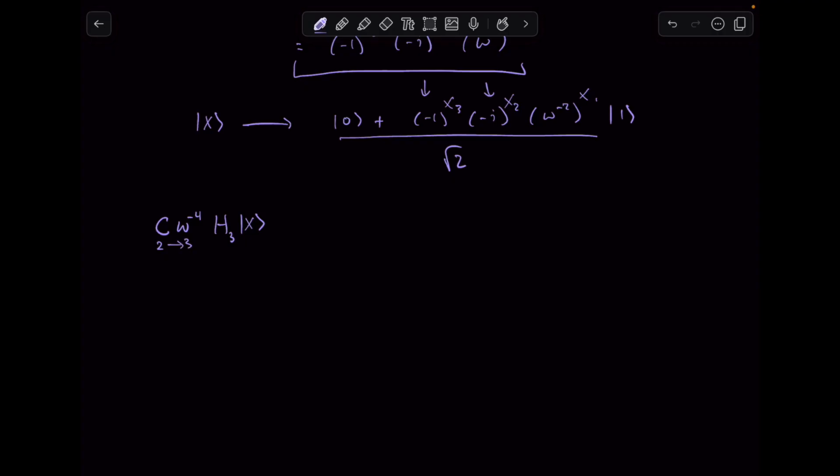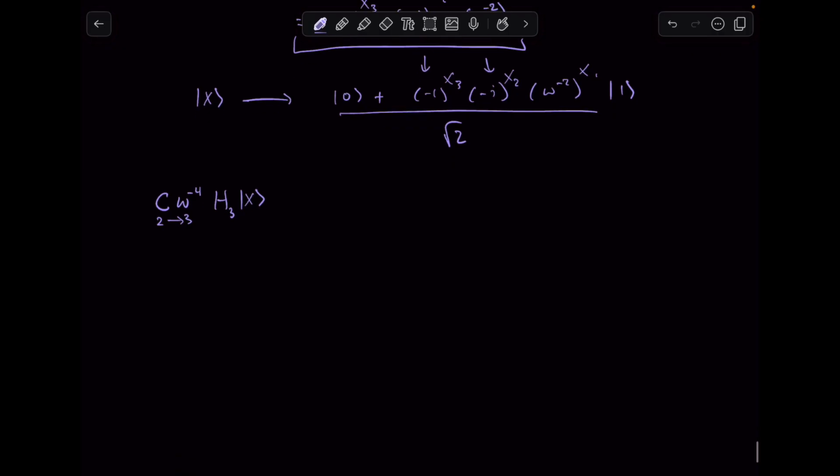And similarly for omega to the minus 2, our control bit is now going to be the first qubit, and the target qubit is still the third. So the addition to the circuit is going to look like this.